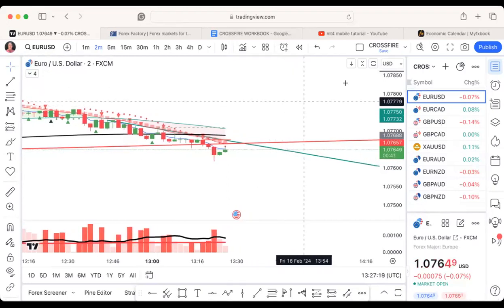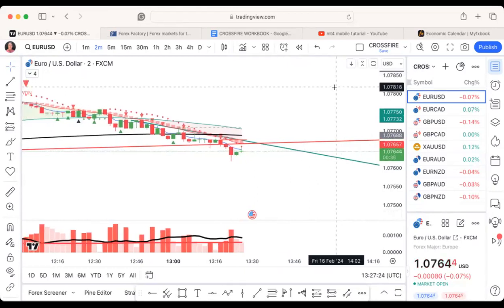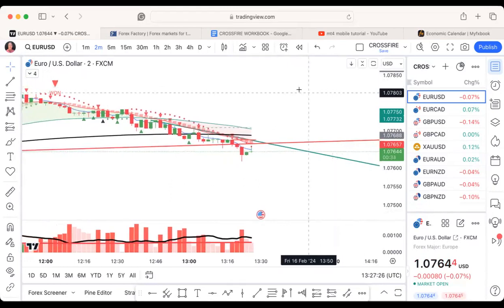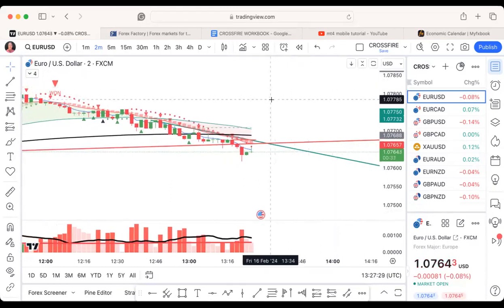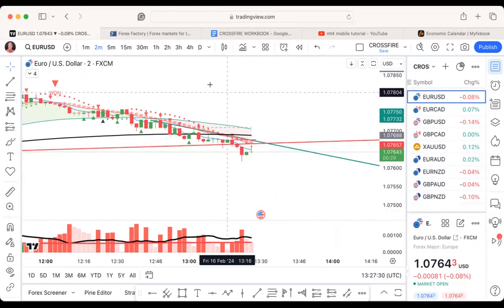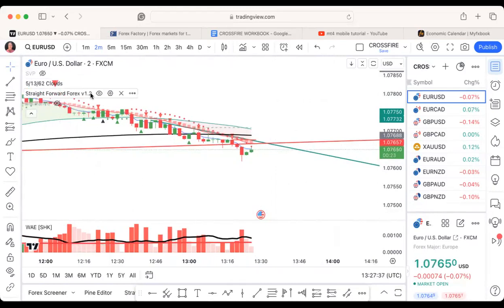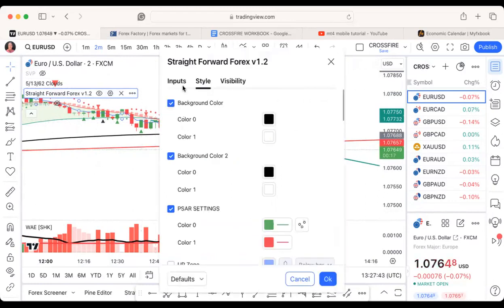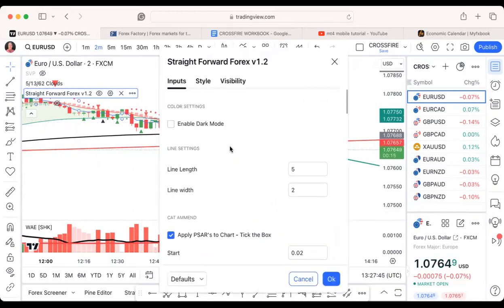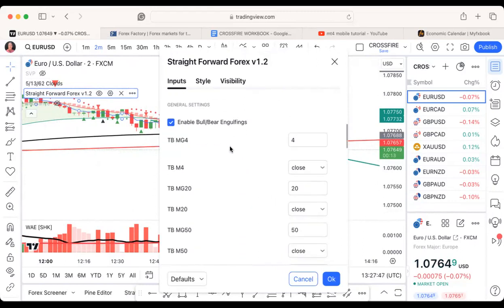Richard, can I just grab you before the news hits? I've got a wave down at 12 minutes past 1. Okay. Which settings have you got on straightforward Forex? Are you on the 13? You go to inputs. Yeah, I'm looking.